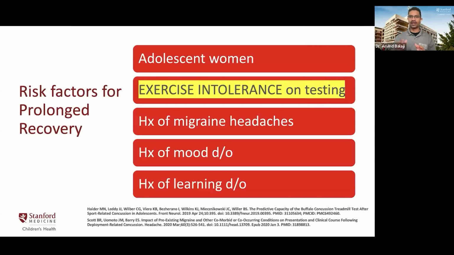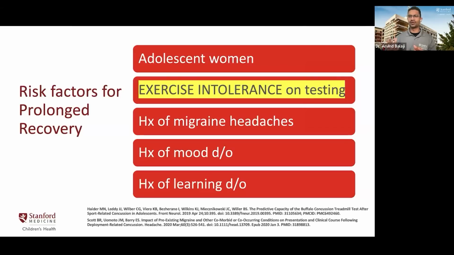So in addition to that, exercise intolerance also seems to cause prolonged recovery. And we've seen many sources today that indicate that there are some inducible abnormalities in the brain that are caused by exercise that some patients have and others don't. And if you have that, it's more likely that it will take longer for you to recover from your injury. And those who have history of migraine headaches before their concussion also seem to take longer.